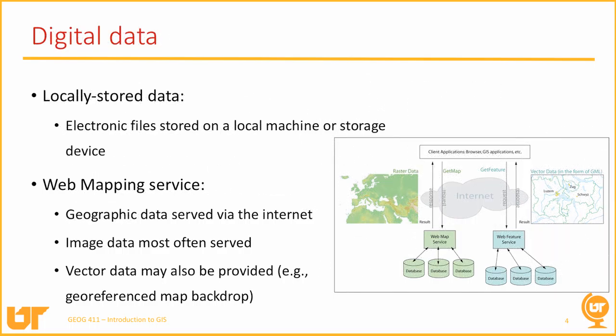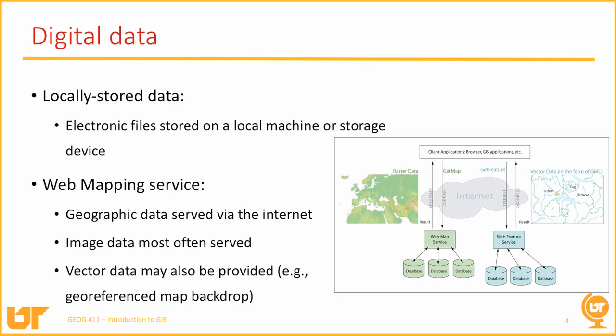Digital data can be stored locally on a local computer, and with such locally stored data, you are able to transfer or manipulate them on a local computer. On the other hand, a web map service serves geographic data over the internet, and GIS software accesses data via an internet connection and displays this data on the local machine, although they are served from some remote computing system.